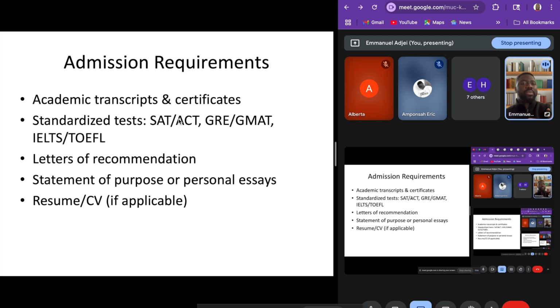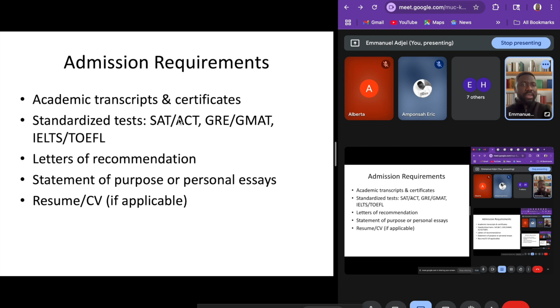But how do they help? Especially for bachelor's admissions. If you just completed high school and you are interested in doing a bachelor's in the US or in Canada, the SAT score helps a lot in getting very good funding in your admission letter. So once you apply and you have written the SAT examination and your score is really high, most of the universities may consider you for presidential scholarships.